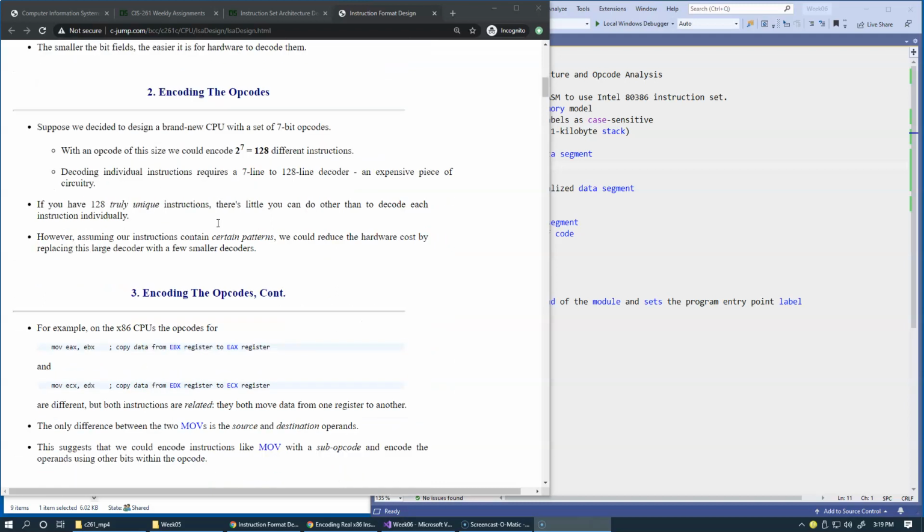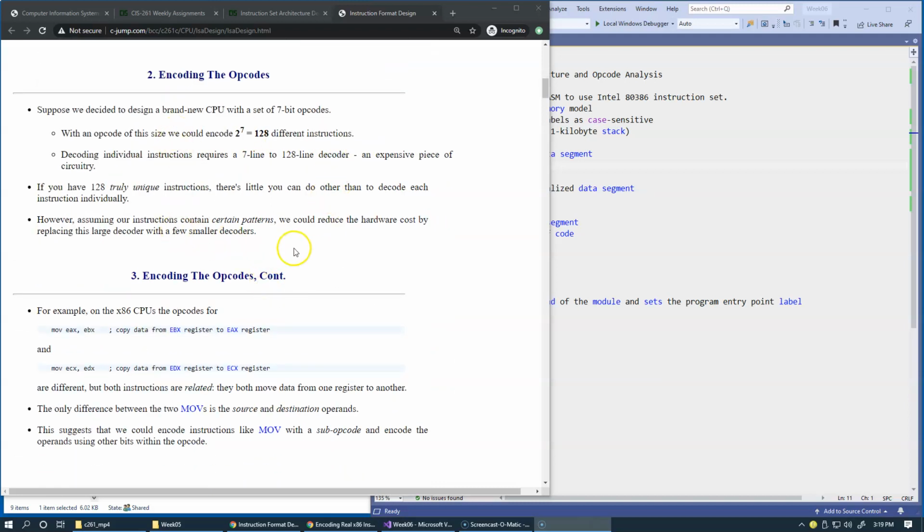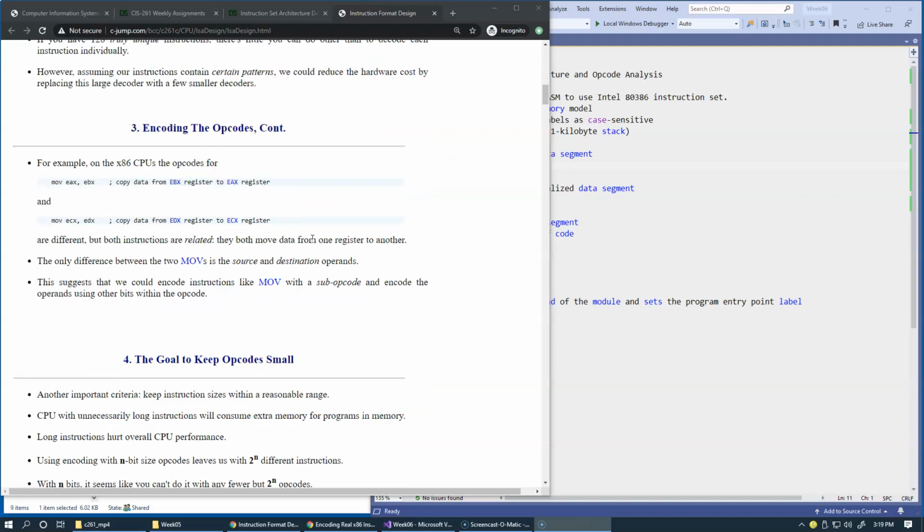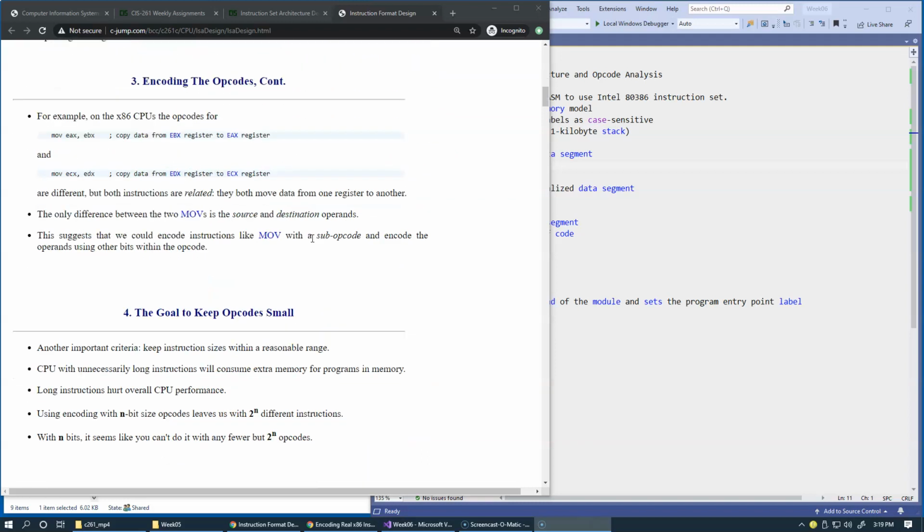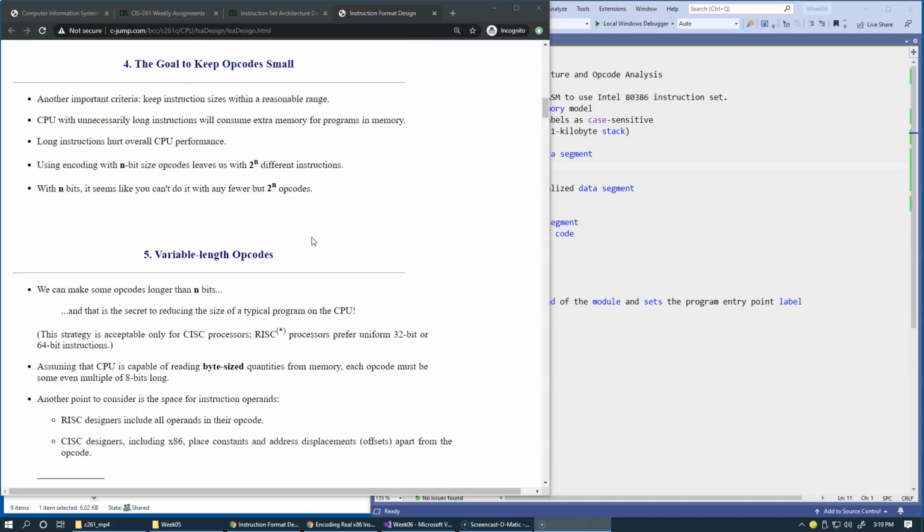Now, in this handout, we present a set of ideas that correspond to constraints and limitations of the number of 1 byte or 8-bit encodings, and then 2-byte size instructions, and even larger. So essentially, of course, we want to keep our instructions as small as possible.